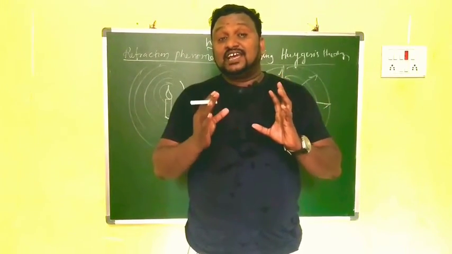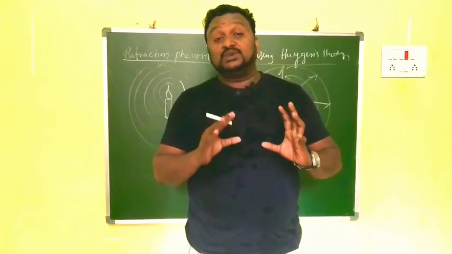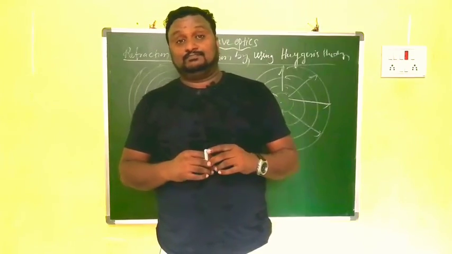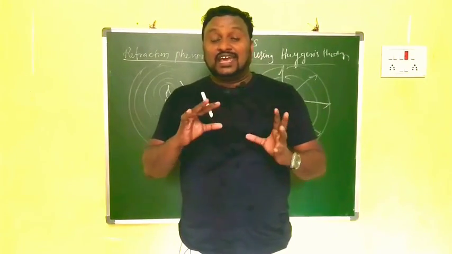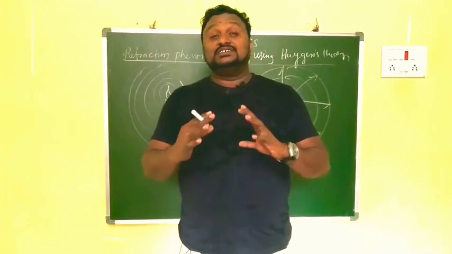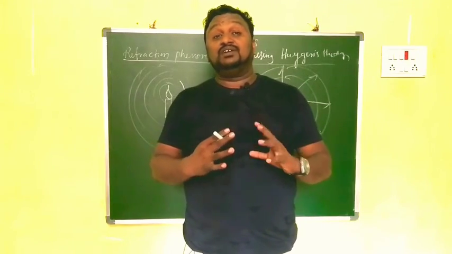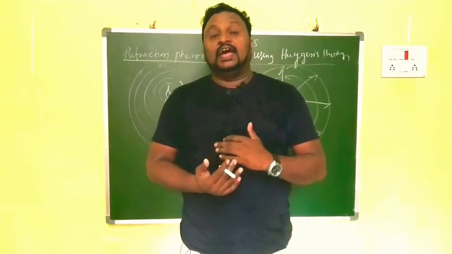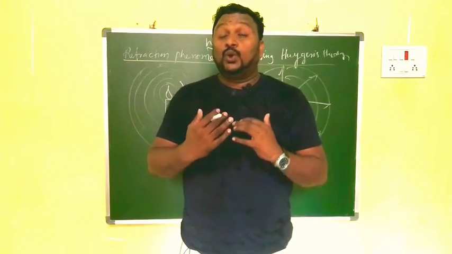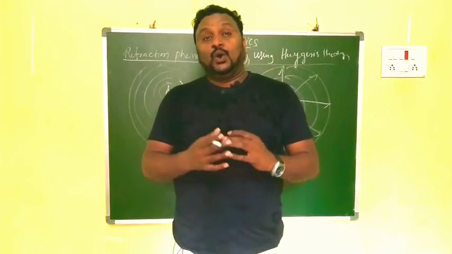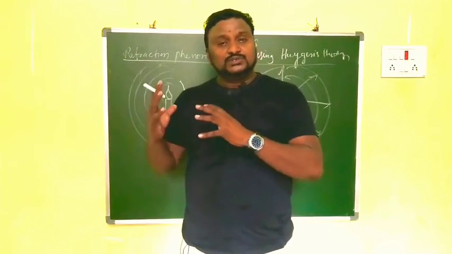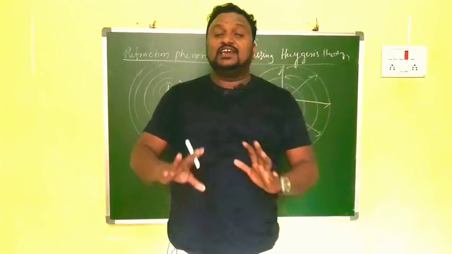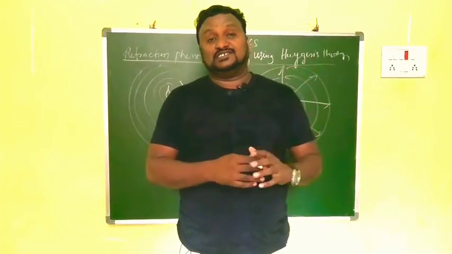Huygens explained that he imagined one concept of medium. That medium is ether. The medium is what? Ether. According to his assumptions, the ether medium has the nature of elasticity and inertia, and he took it as a homogeneous medium. Homogeneous medium means it has the same density everywhere and the same properties like inertia and elasticity.